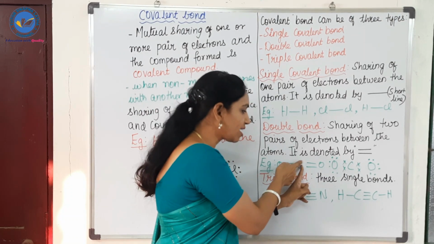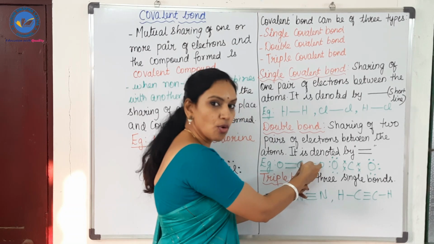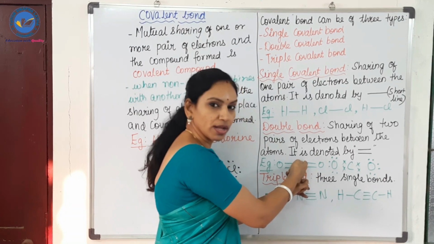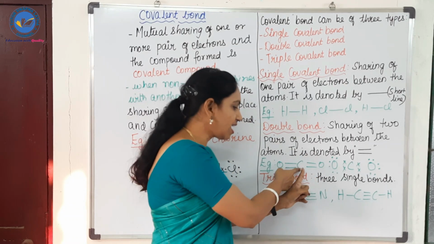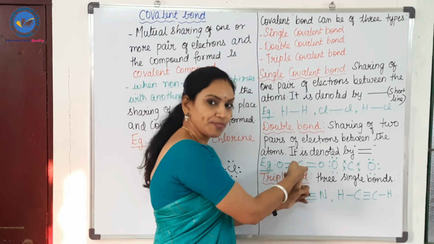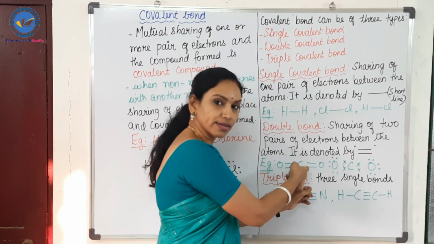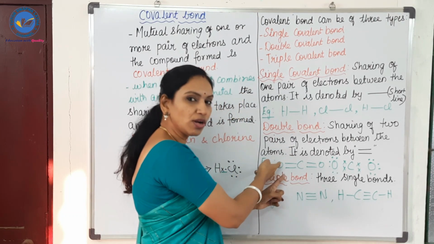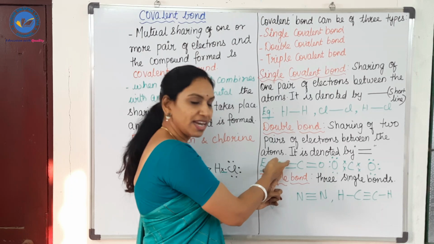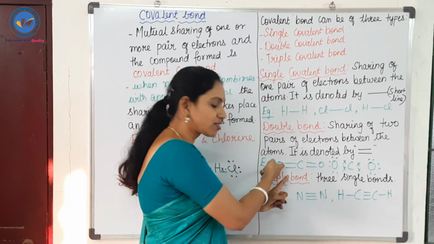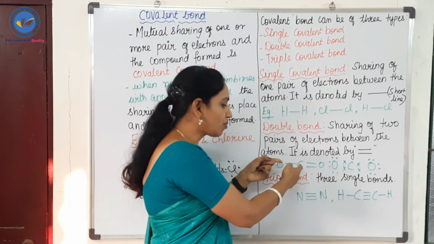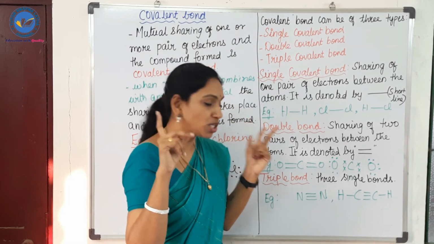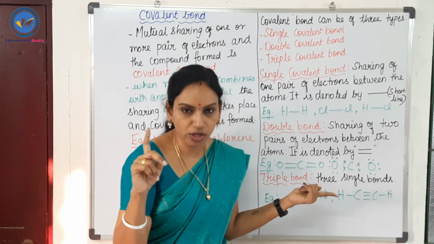With its 1 electron and 1 electron from oxygen, it forms a bond. With the second electron, oxygen shares too, so it forms a bond. And with the third electron, with 1 more oxygen, it forms a bond, and with the 4th electron, it forms 1 more bond. So there are 2 double bonds in the carbon dioxide molecule.